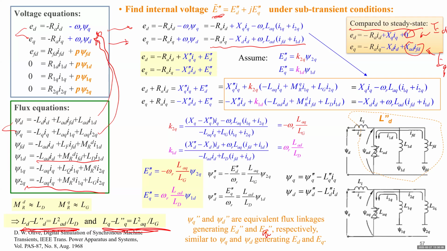There's some internal flux linkage, and for this case it is Psi D double prime. That's the largest flux linkage, and because there's an inductance, it goes through the inductance to the terminal, so the flux linkage will drop by L multiplied by the terminal current, and the terminal flux linkage will be the internal flux linkage minus the drop on the inductance.